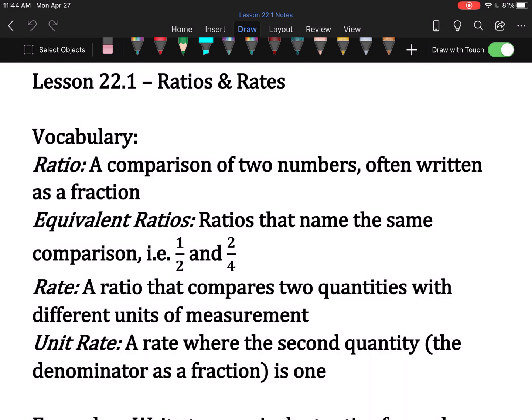In order to turn a rate into a unit rate, all we have to do is the division that we're shown. Remember, a fraction means division. So if I'm shown, say, 40 miles over 2 gallons, I would divide 40 by 2. The unit rate would be 20 miles per gallon.